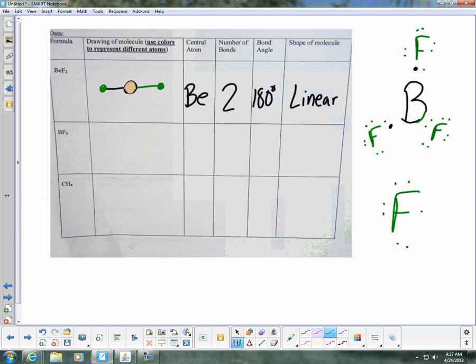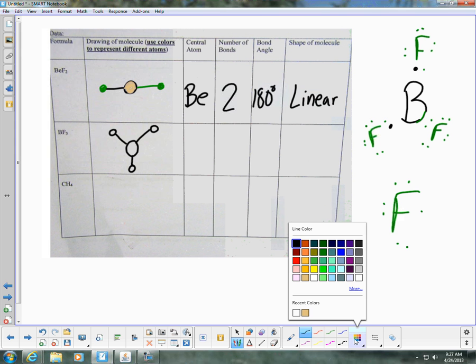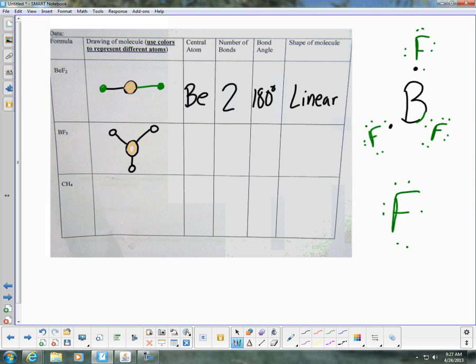Okay, so what it's going to look like over here is the center and I'm going to have a fluorine here, and a fluorine here, and a fluorine here. So if I color it, I'm still going to use that gray or tan for the center, and I'm going to use the green for my fluorine.